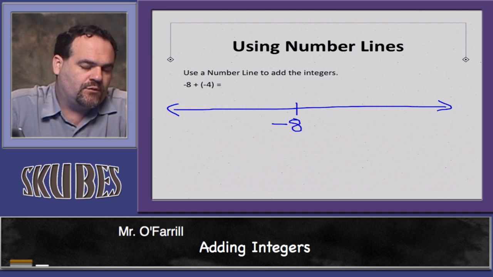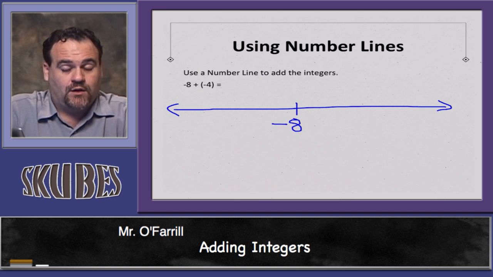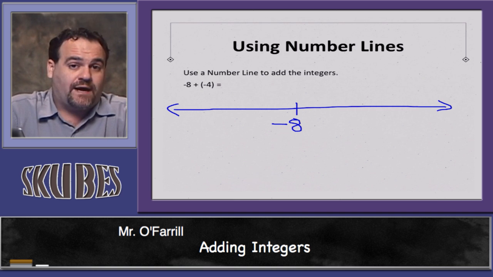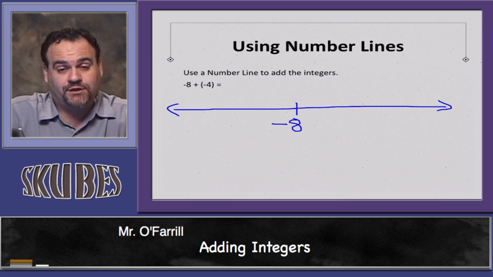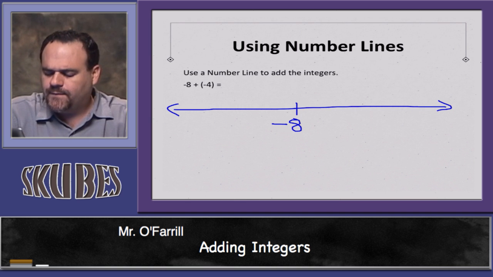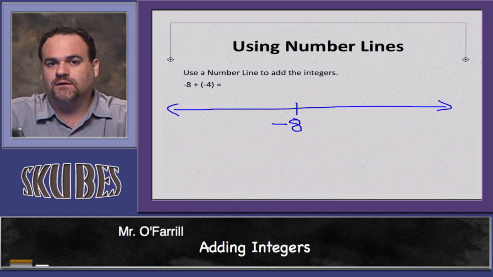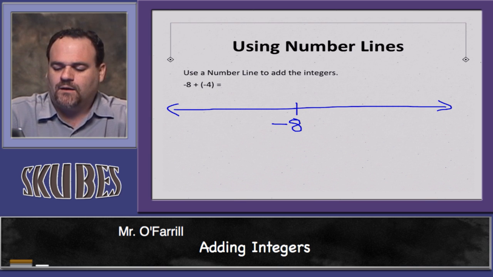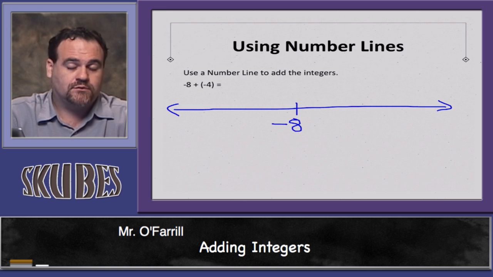If you remember when you were learning about using the number line to do addition and subtraction, with subtraction you always go to the left, and with addition you always go to the right. Well, in this particular situation, since we're rolling negatives into the equation, remember that negatives, when you're adding and subtracting, change the direction of where you're going.